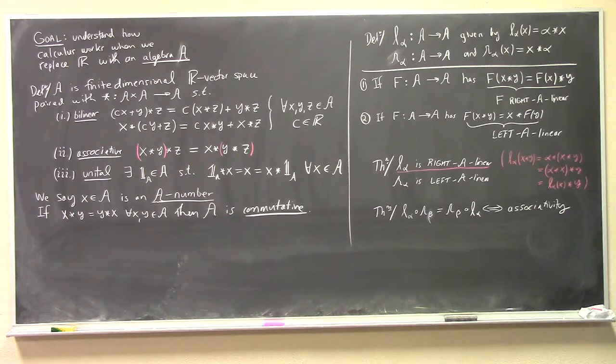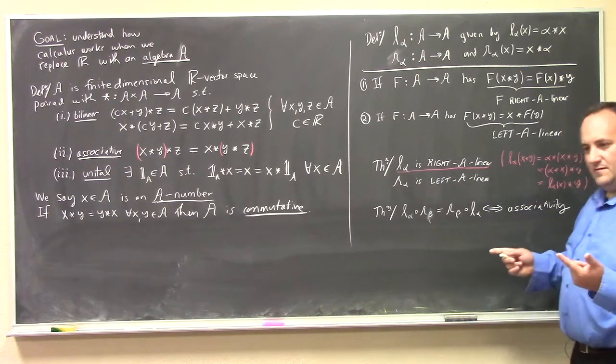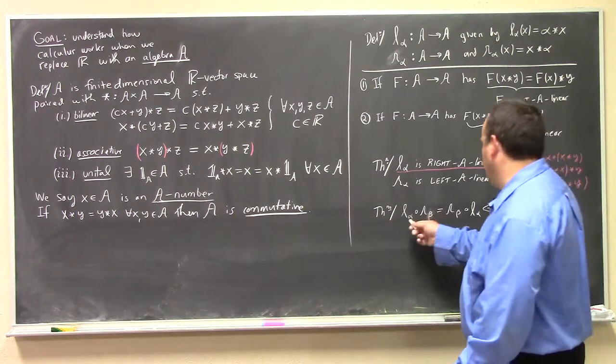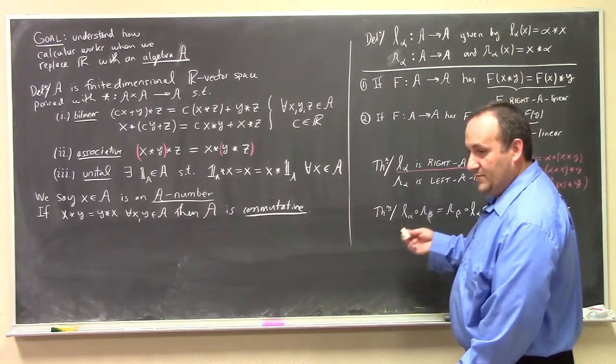But the left and right maps commuting, if you think of what that means, what does it mean for two maps to be equal? It means they're equal on all inputs, right?